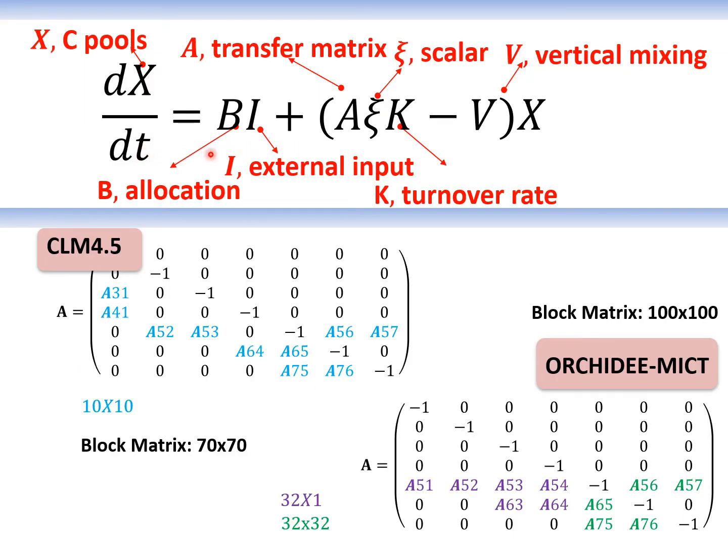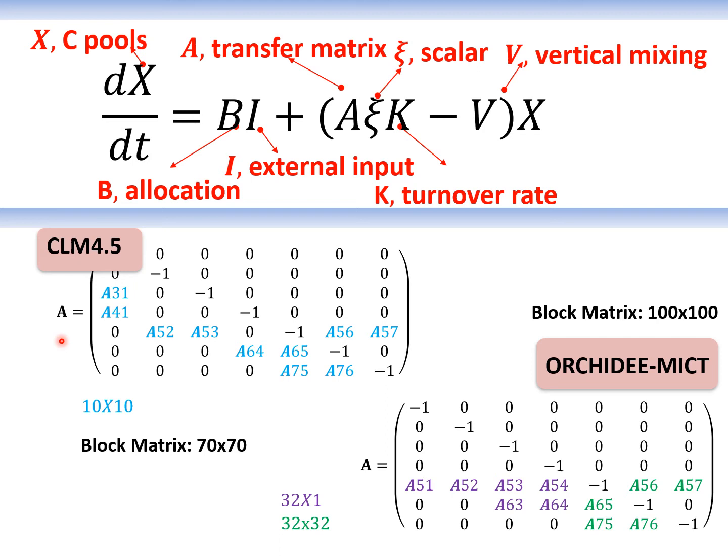The matrix equation for CLM and ORCHIDEE MICT looks very similar to the matrix equation for TECO. Here we have one more item, the V matrix, which captures the vertical transfer of carbon between the adjacent soil layers.